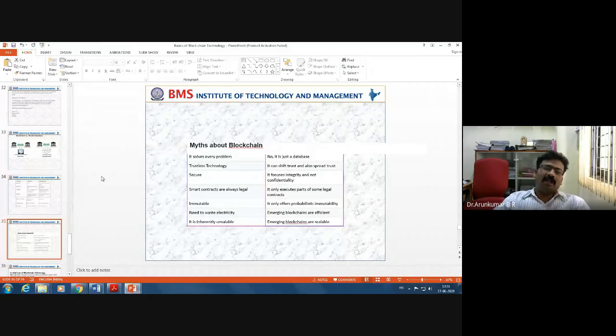Myths about blockchain. It solves every problem. It's a myth. Other myths: that it is trustless technology, secure, that smart contracts are always legal, that it is immutable, that it needs to waste electricity, and that it is inherently unusable.